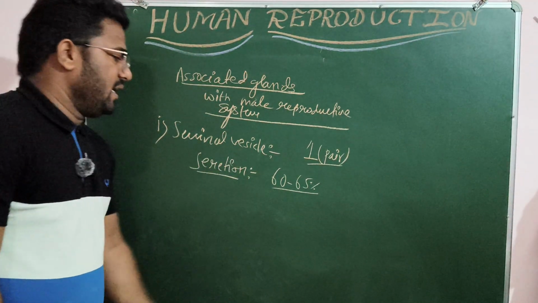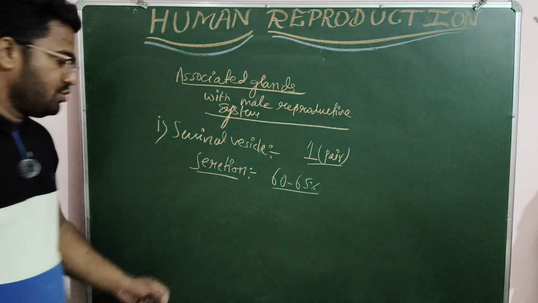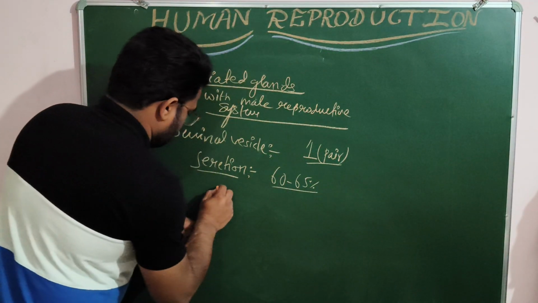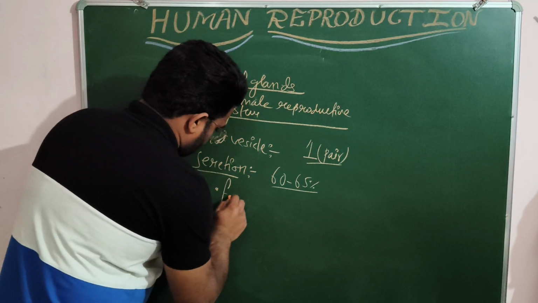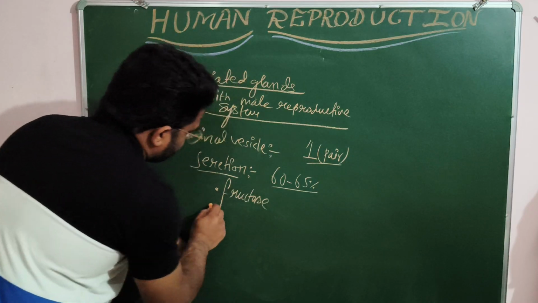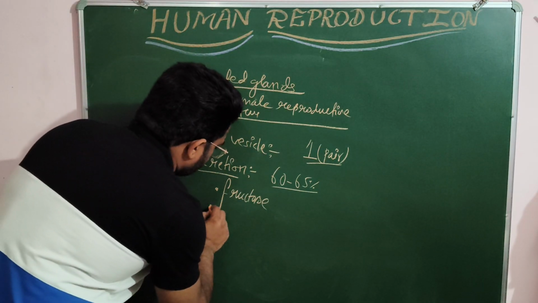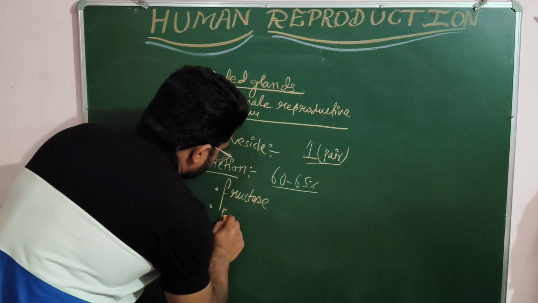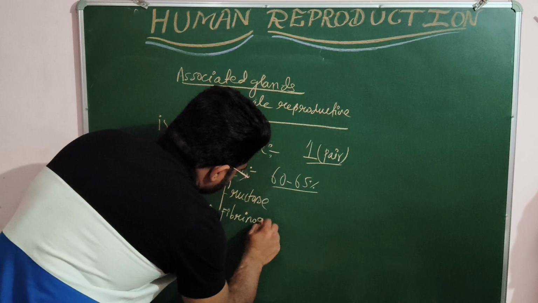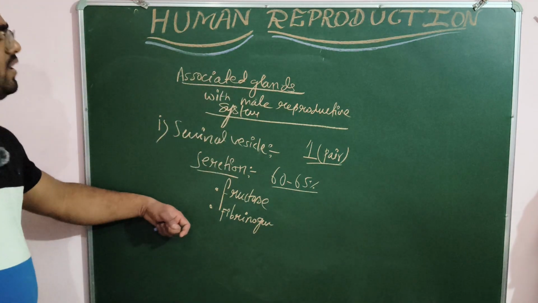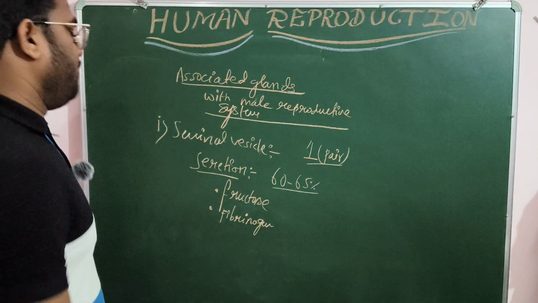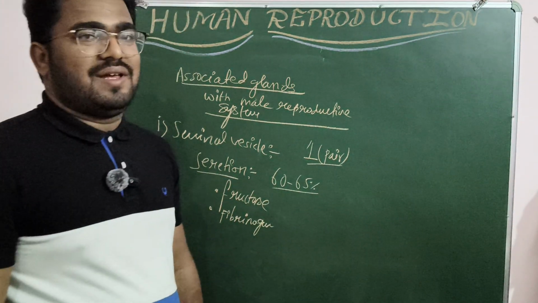Seminal vesicle secretes seminal fluid, which includes fructose, fibrinogen, and other substances.